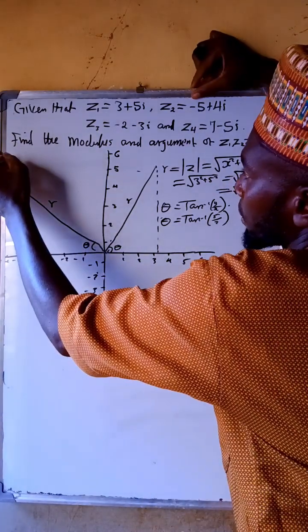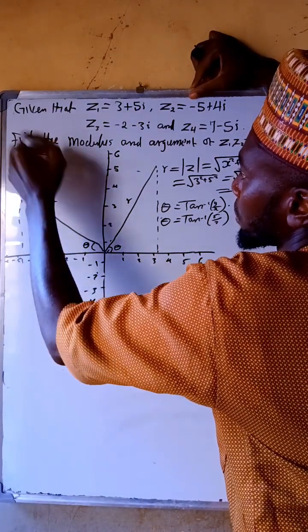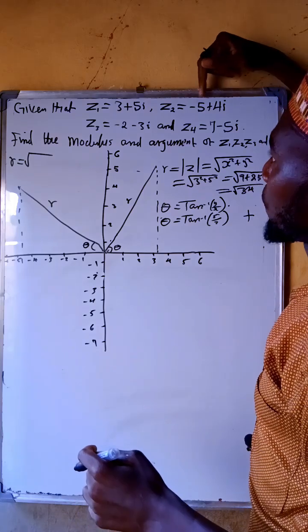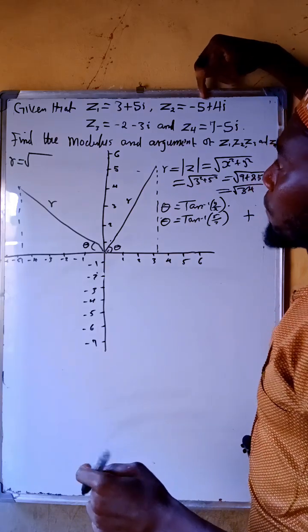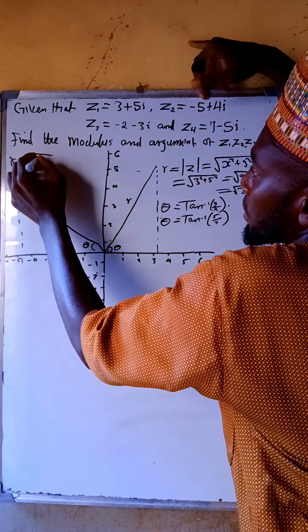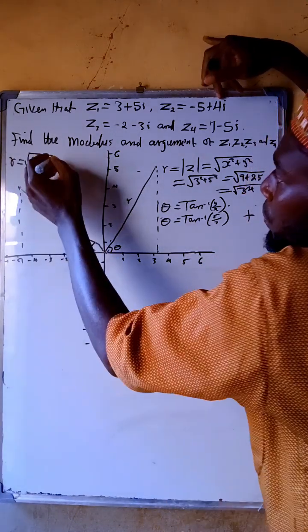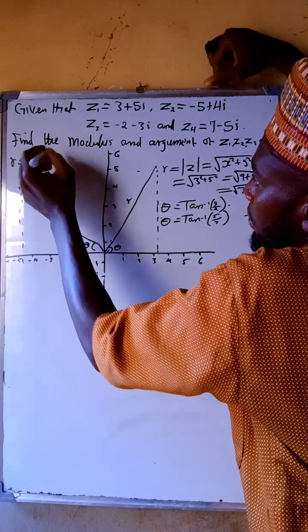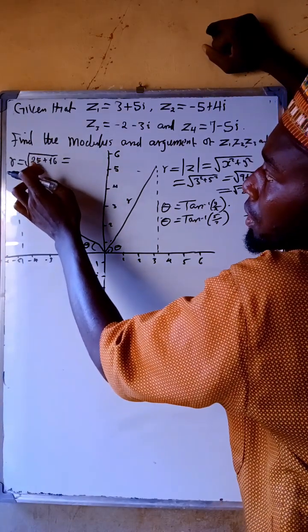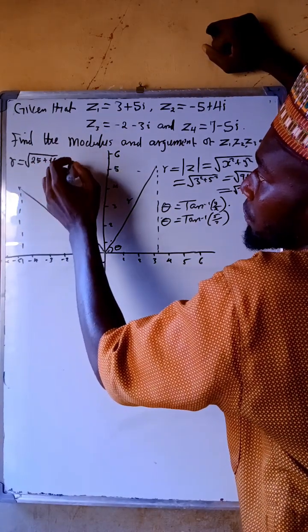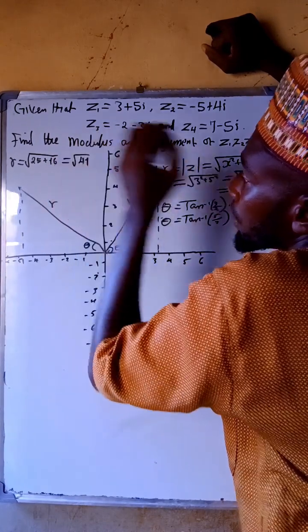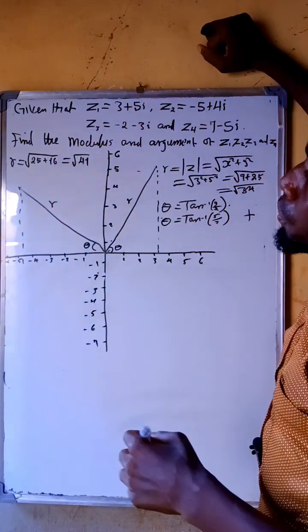Then from here we can see that our r is nothing but the root of negative 5 squared, which is the same thing as 25, plus 4 squared, which is equal to 16. This plus this gives 41. Therefore we have root of 41 as our modulus.